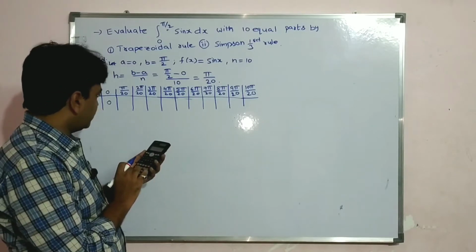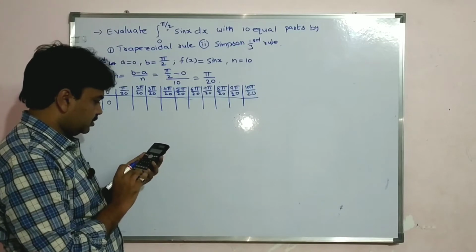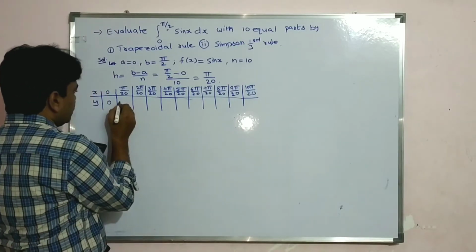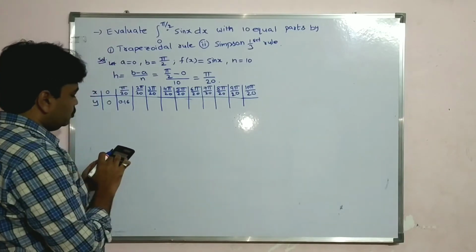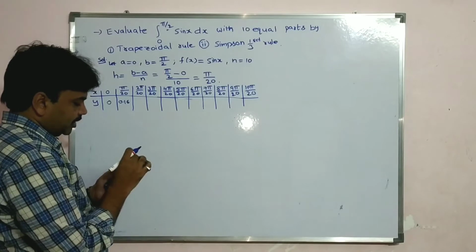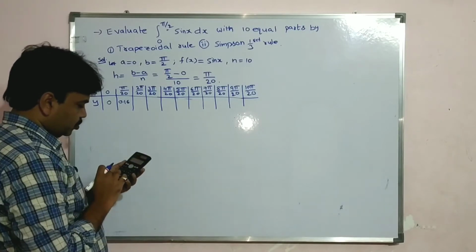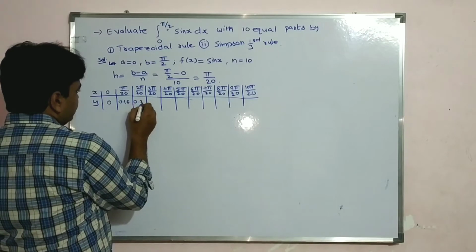So we get pi divided by 20, bracket close, that is equal to 0.16, students. Now 2 pi by 20: you write 2 in place of 1, and we get 0.31, simple way.